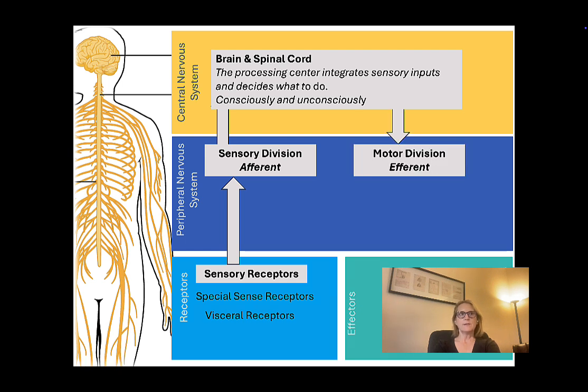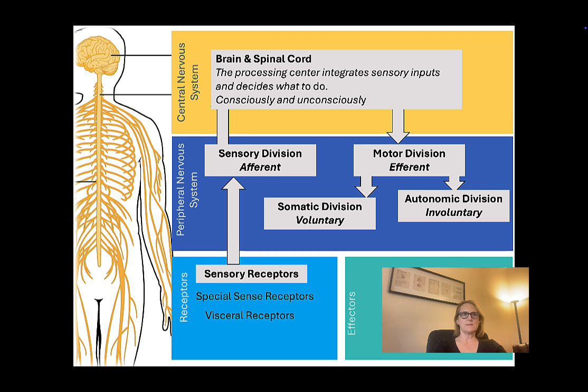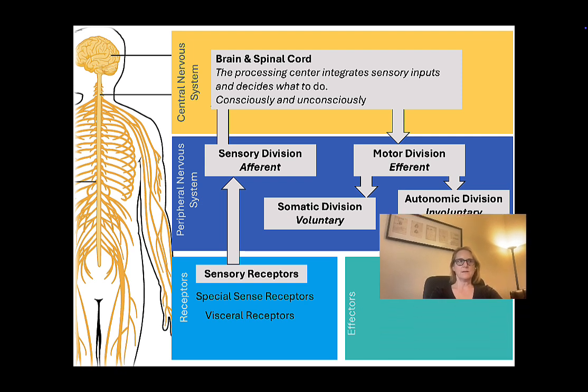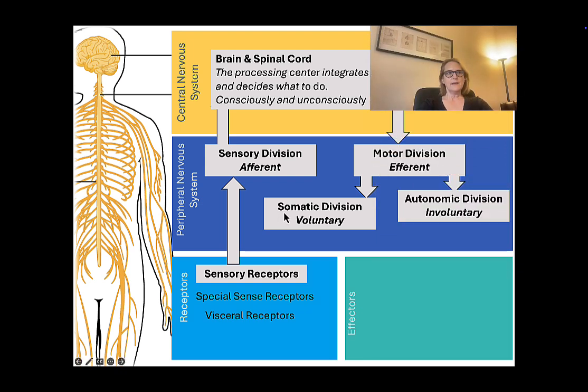In the efferent division, the decision is carried out through 2 primary pathways: the somatic pathway and the autonomic nervous system. The somatic nervous system, the SNS, controls voluntary movements, primarily through the contraction of skeletal muscle. A good way to memorize that is that the beginning letter of the somatic division and skeletal muscle is the same.